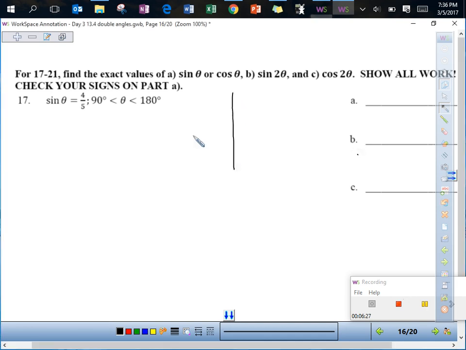Come over here first and draw yourself a reference triangle. In this case, it's telling me I need to be in the second quadrant. So there's my reference triangle. Fix that reference triangle to where the sine is 4/5. So there's 4, there's 5. Now, use the Pythagorean theorem to obtain this other side.